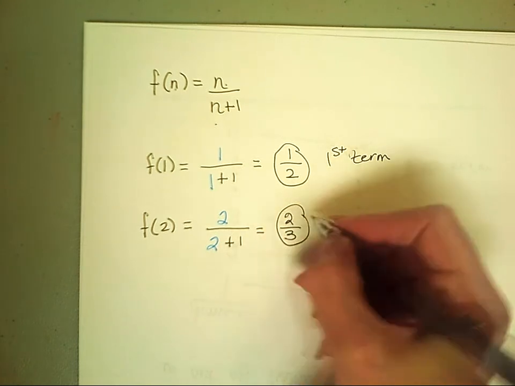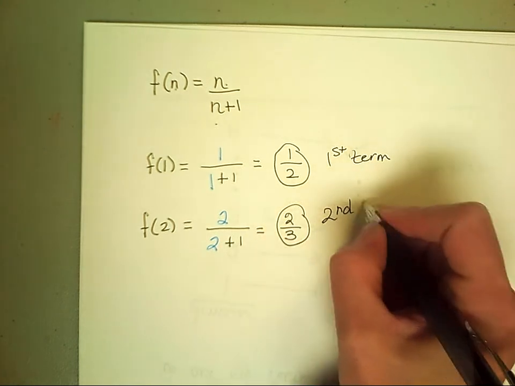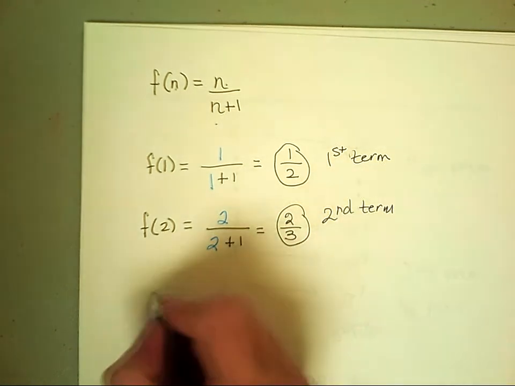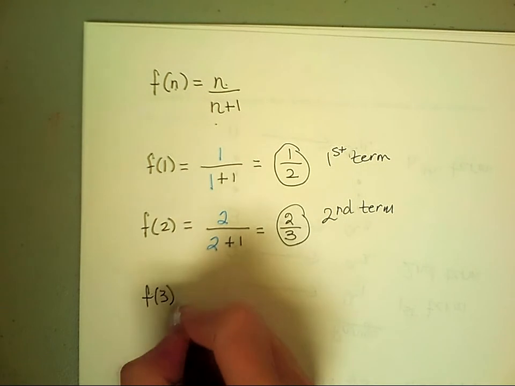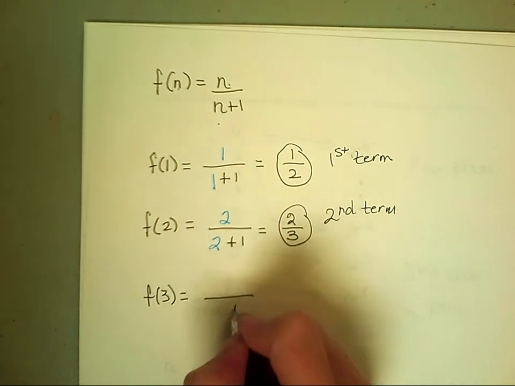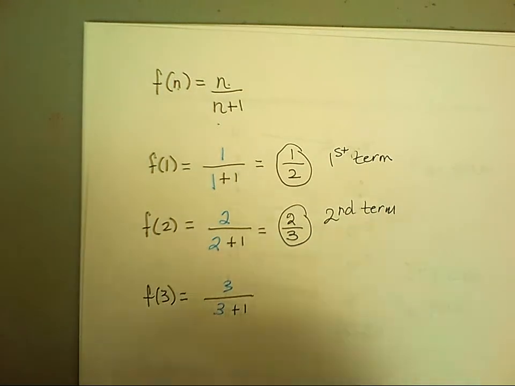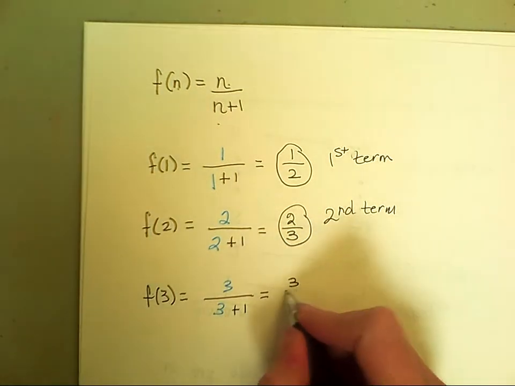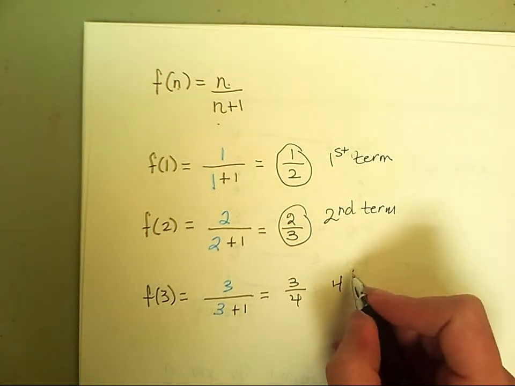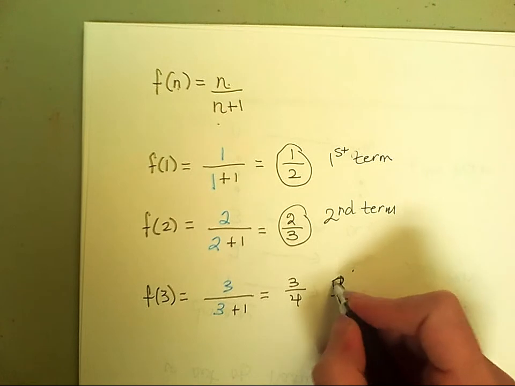Okay, this is our second term. And we continue, f of 3 becomes 3 over 3 plus 1, which is 3 over 4. This is the third term.